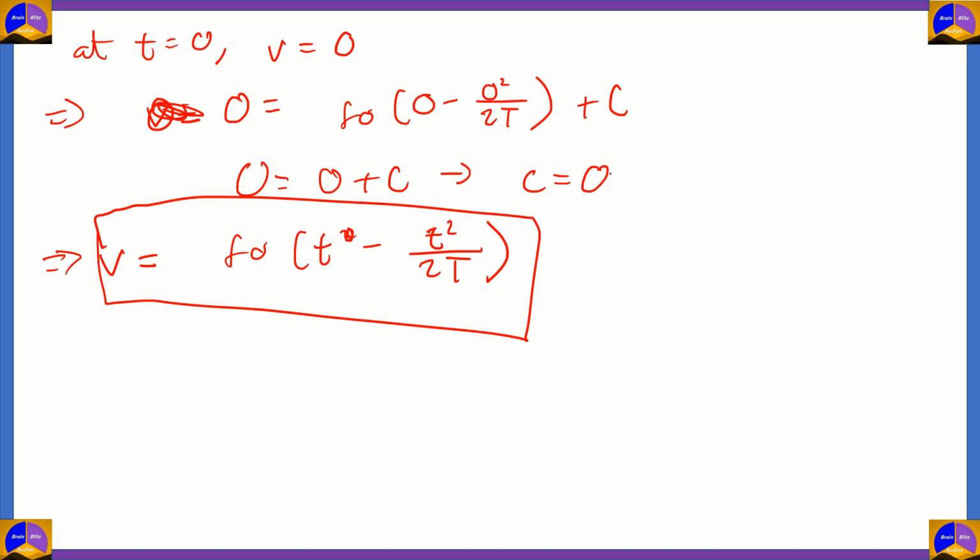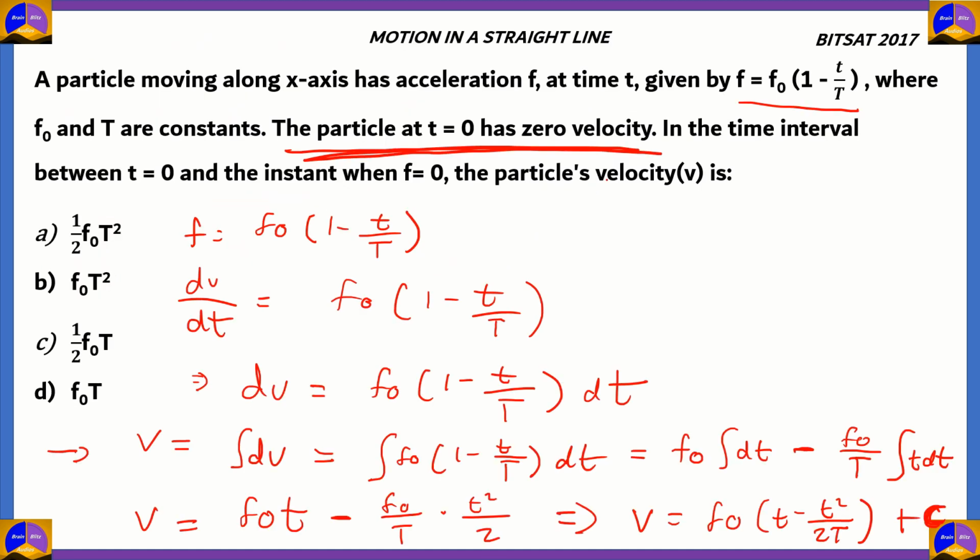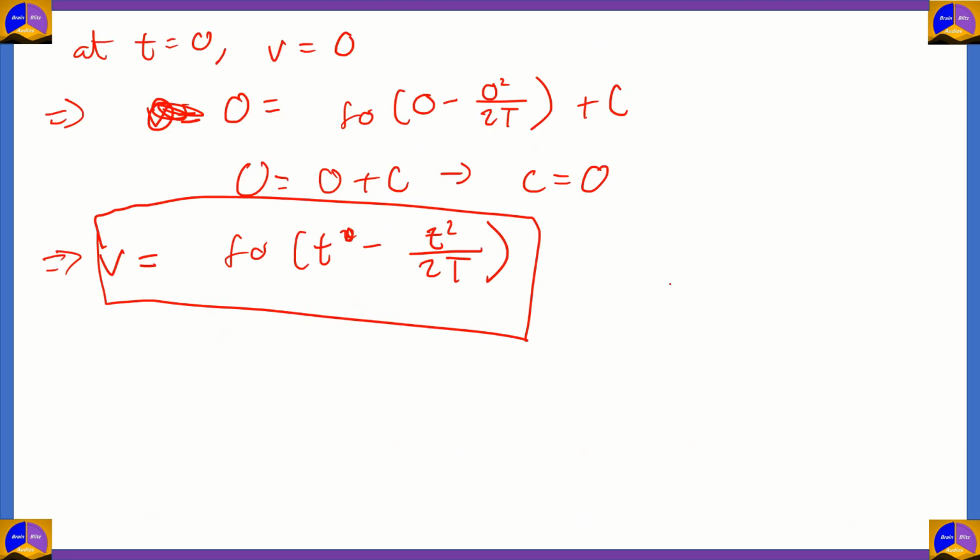Now, we need to find the particle's velocity in the time interval between t equals 0 and the instant when f equals 0. So our next job is to find the instant when f equals 0.